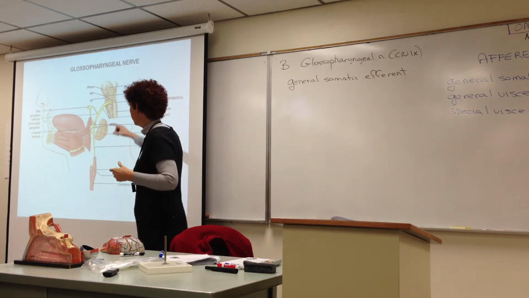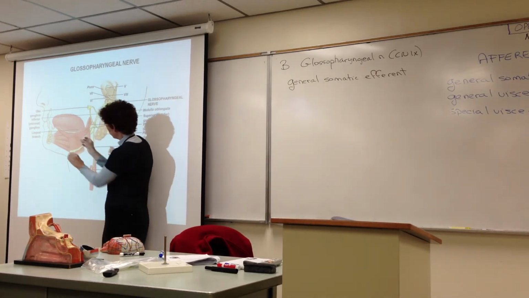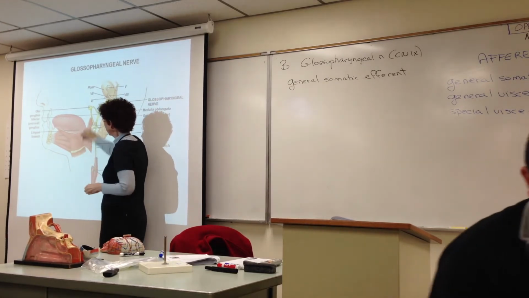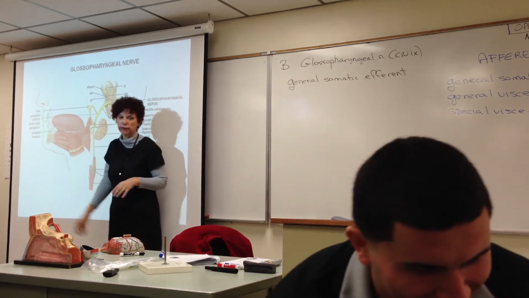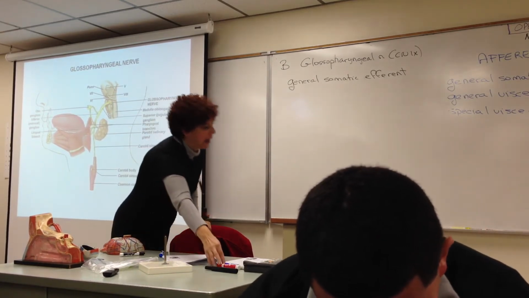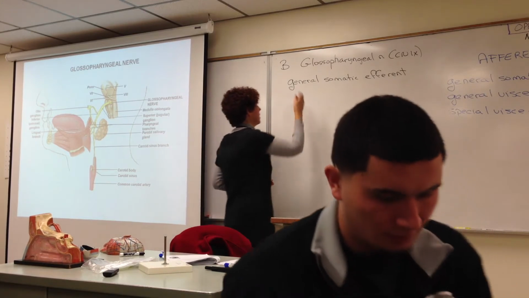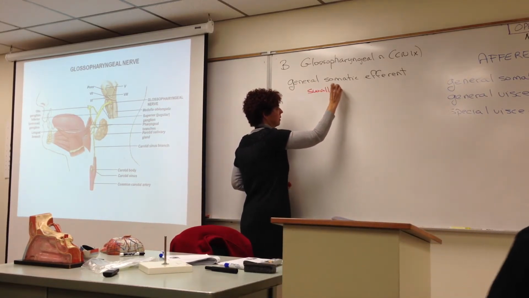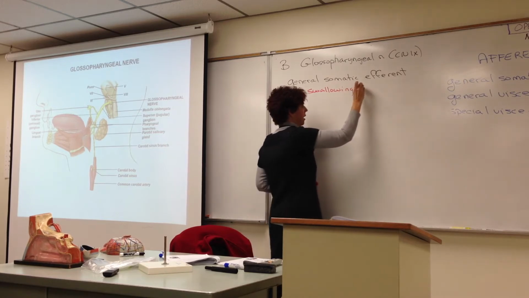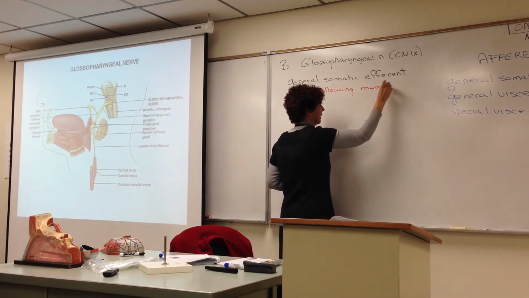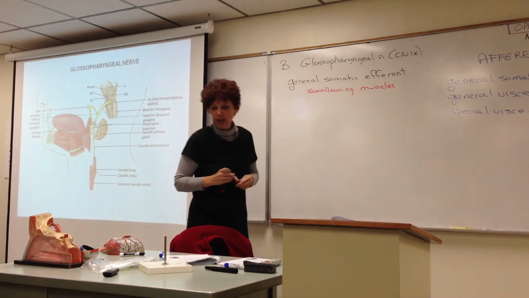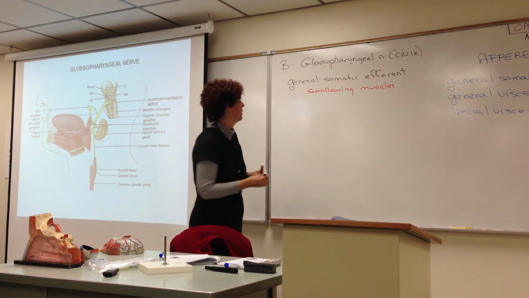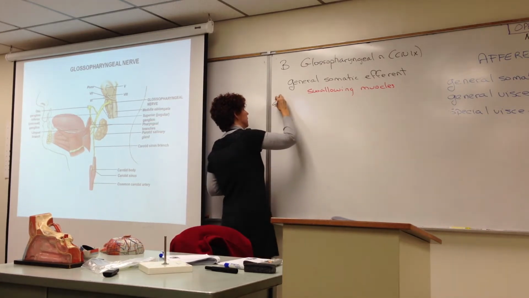So those throat muscles you see right here, wrapping around like this, are innervated by both glossopharyngeal and vagus nerve. So we're going to put swallowing muscles, or muscles of swallowing, and shared with vagus.